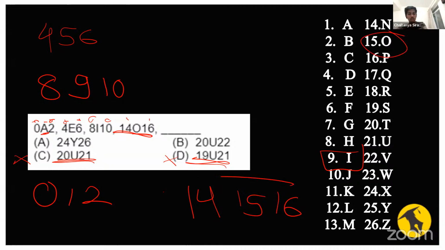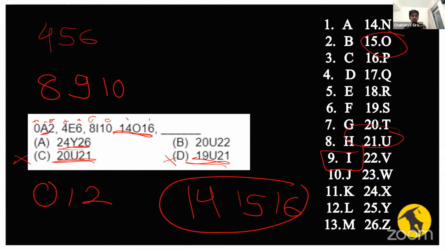So the middle number should be a sandwich of the surrounding two numbers. So what is option A? It is 24, 25, 26. So this fits with the pattern. And this is 20, U, 21, 22. Okay, this also fits.